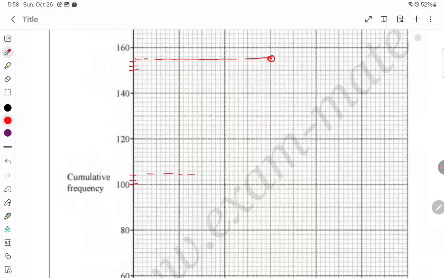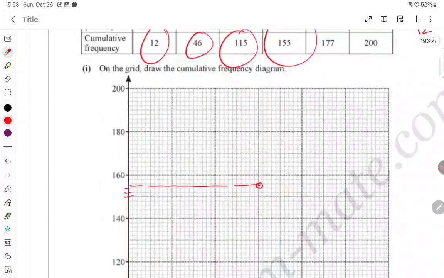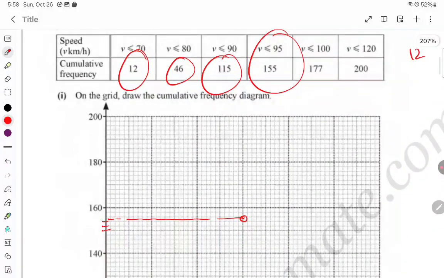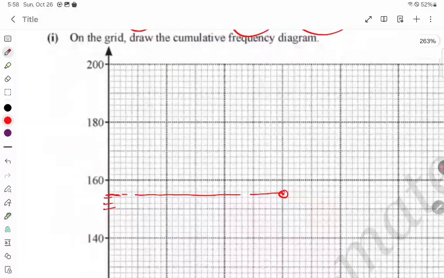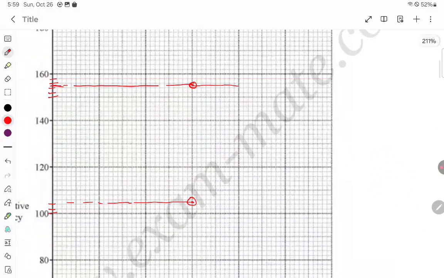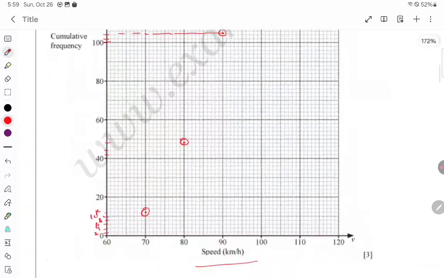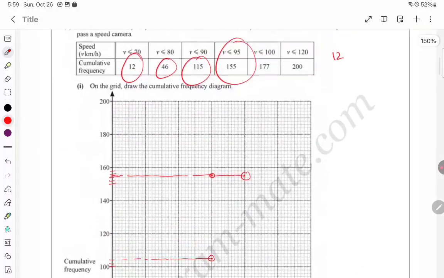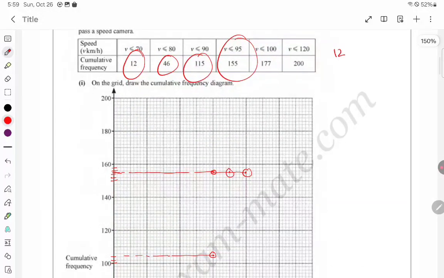This is 115. Now this is 155 right here, and this is 156, 158. This point at 95 is 155, not on 200.